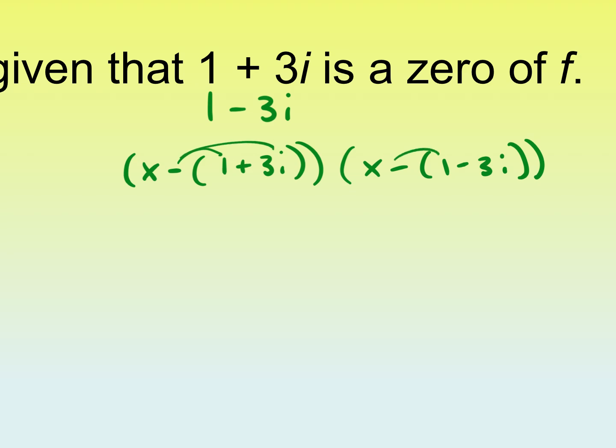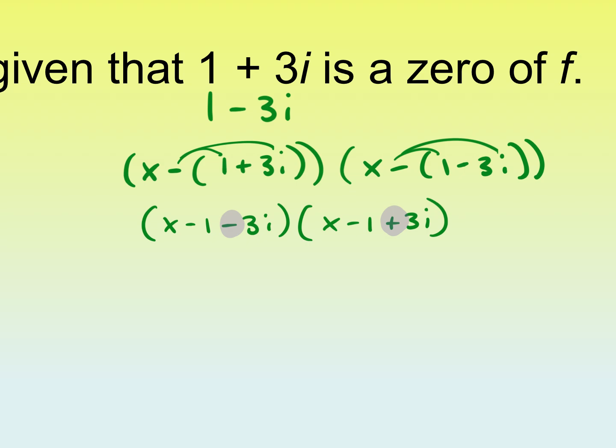Let's get rid of those parentheses on the inside. We'll simplify it a little bit. So we've got x minus 1 minus 3i and x minus 1 plus 3i. Now these are conjugates of each other. We've got a minus and a plus.